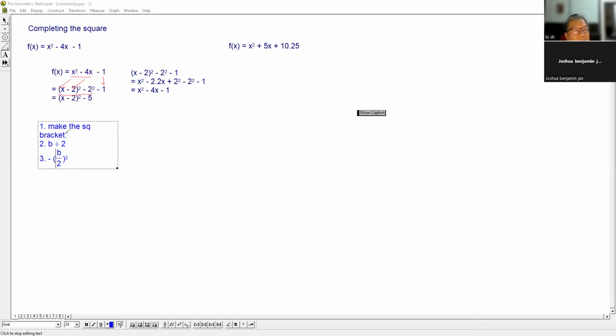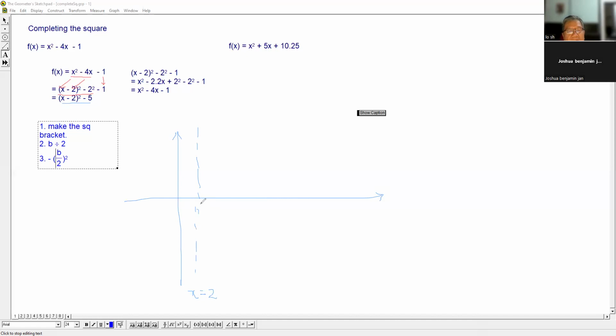Can you tell me what is the axis of symmetry? Yeah, this one from here. What is the axis of symmetry? The axis of symmetry is positive 2. Correct, +2. So this is the axis of symmetry, and it is called x equals 2.